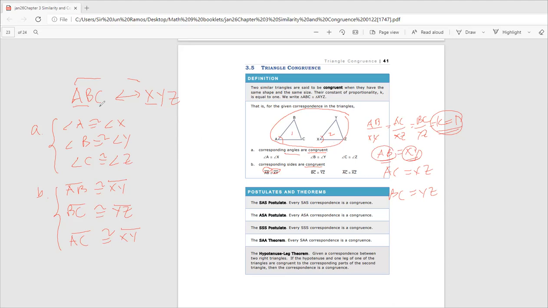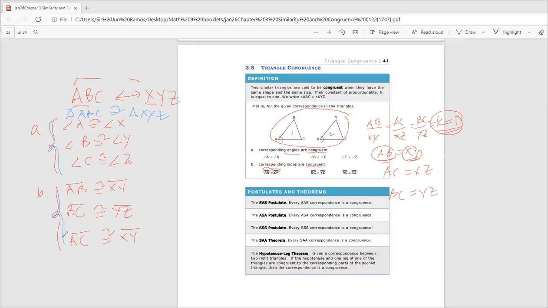So, now, if triangle ABC is supposed to be congruent to triangle XYZ, then this should hold true. Okay? That's what we mean by two triangles being congruent.